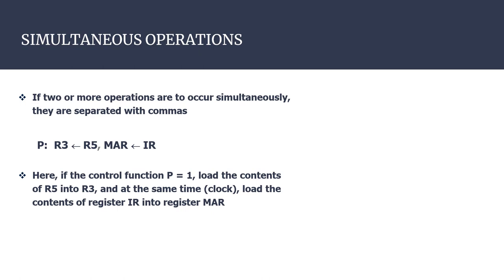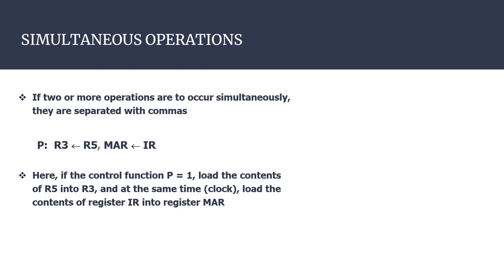Now in the next slide we will discuss how can we perform the simultaneous operations of register transfer. So if our registers are mutually independent, means the source register of one operation and the source register of another transfer operation are mutually exclusive, and the destination of these two are also mutually independent, means no common source and destination registers are there, then we can say that we can perform these two register transfer operations parallelly.